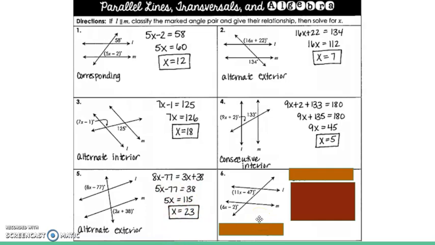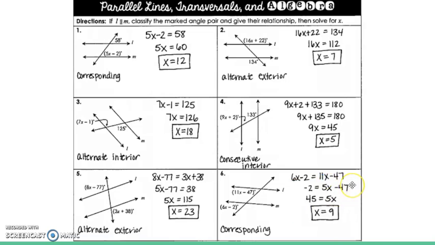Number 6, we have corresponding angles, and they gave us algebraic expressions for both. My corresponding angles are congruent, so I'm going to set those things equal to each other, and I'm going to solve. When we solve, pay attention to those signs, and you should get that x equals 9.